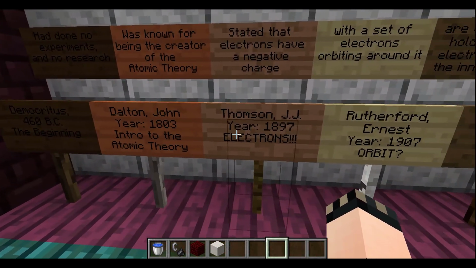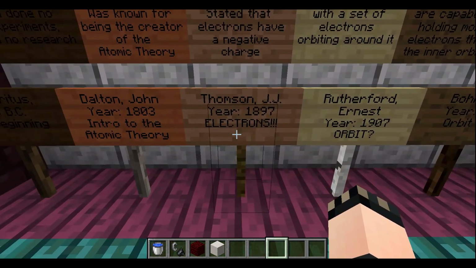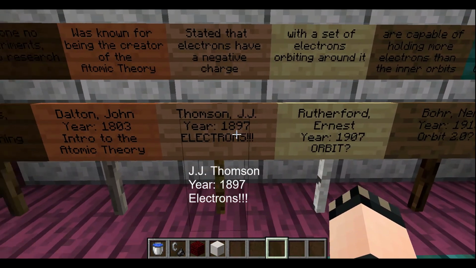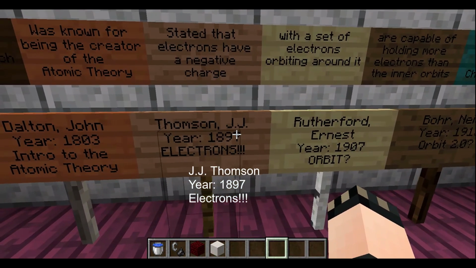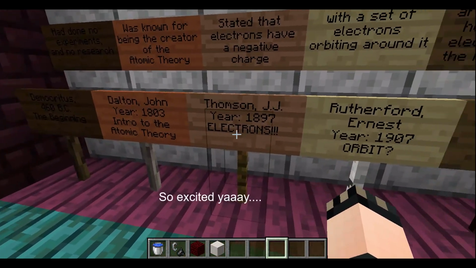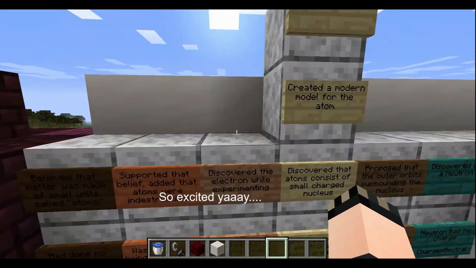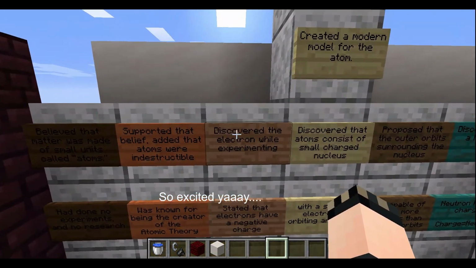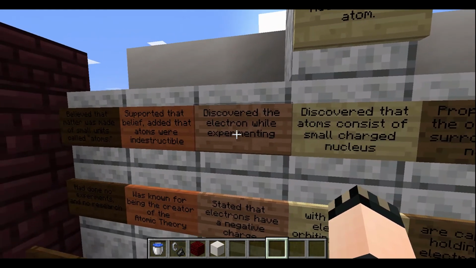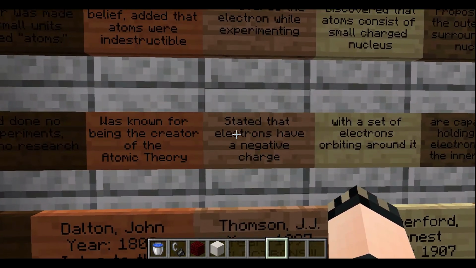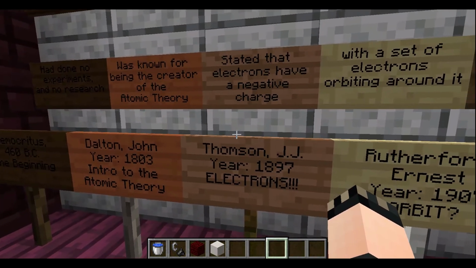So many years later, almost 100 years later, not quite, comes in J.J. Thomson. Electrons. This man discovered the electron while experimenting. He stated that electrons have a negative charge.